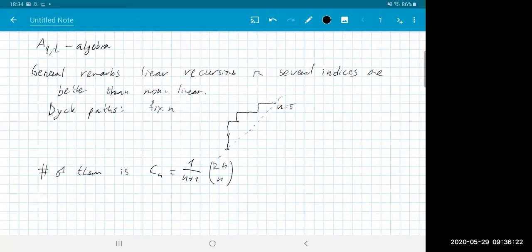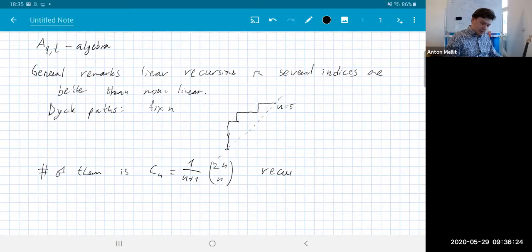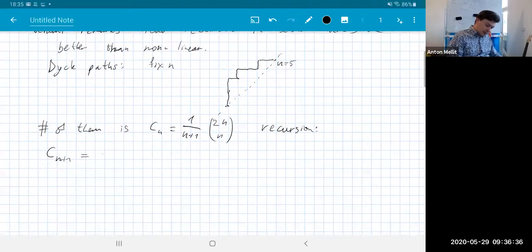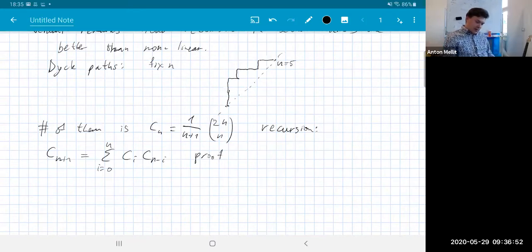And there is a beautiful recursion with positive coefficients satisfied by Catalan numbers. It is C_{n+1} equals the sum over i from 0 to n of C_i C_{n-i}. And how do we prove this?